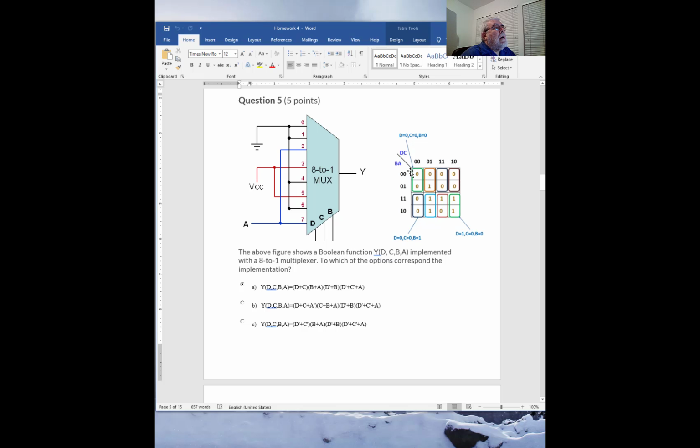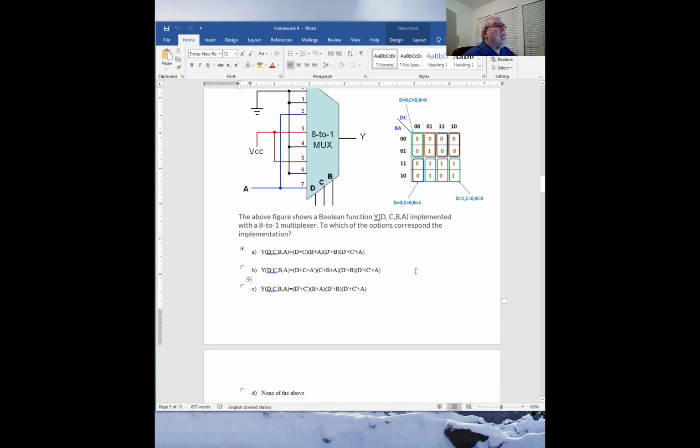So we have one product of sums here. That's a 0, 0, 0, 0, and that corresponds to B or A. We need to put it in the same order. So B or A has to be there. I don't see any B or A in the other one.